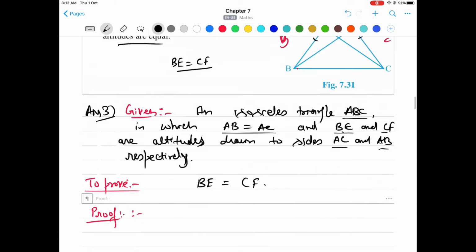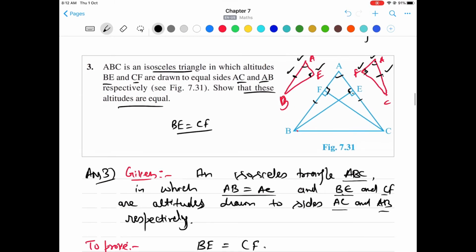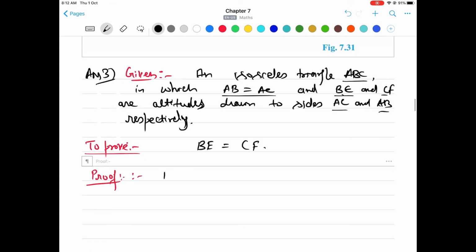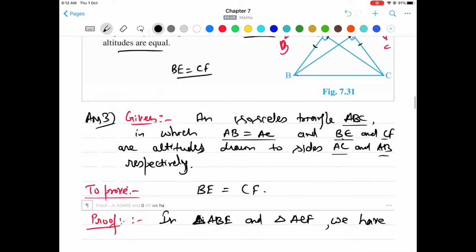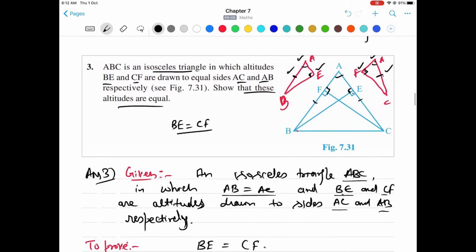Okay, so we will start with the triangle ABE and ACF. In triangle ABE and triangle ACF, first we'll write the angles.